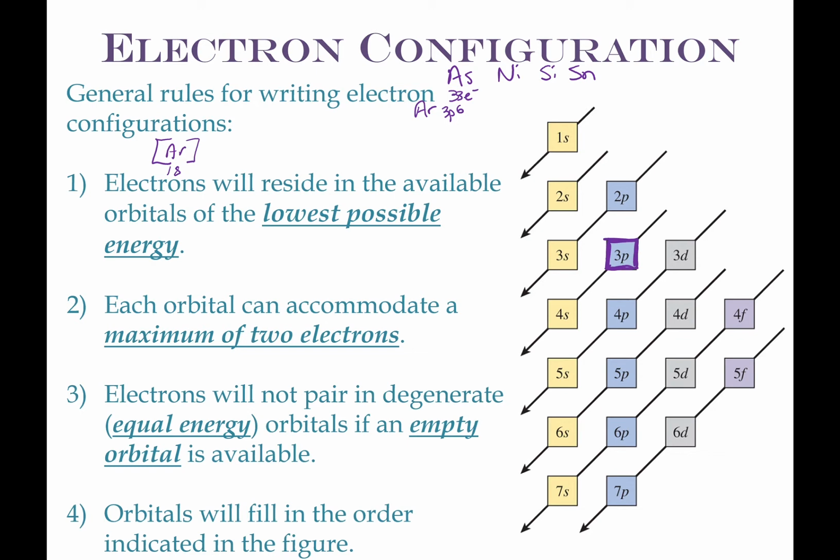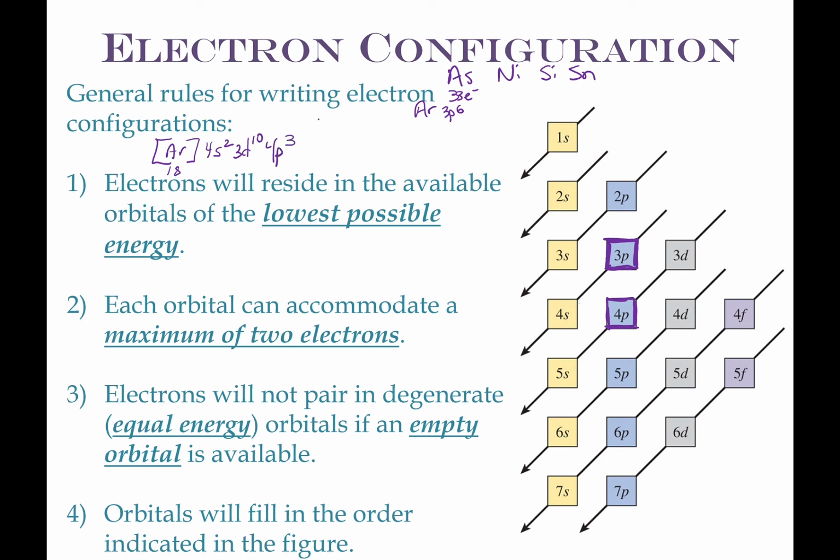I can also find arsenic on the periodic table, and I go, oh, that's in 4p3. So I should be ending in 4p, and the third one. So I can fill 4s2, 3d10, 4p3.